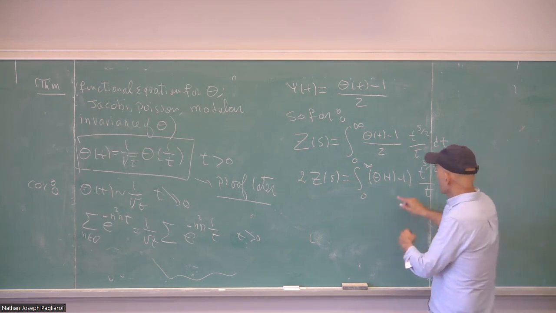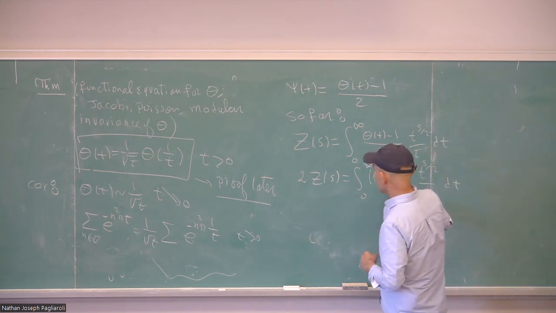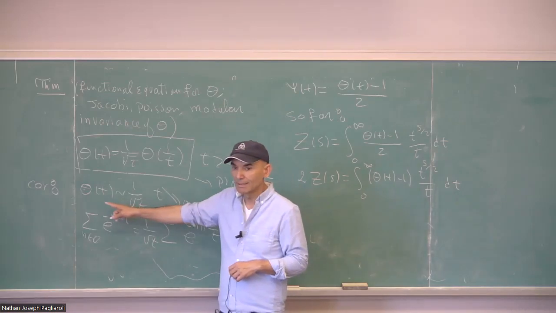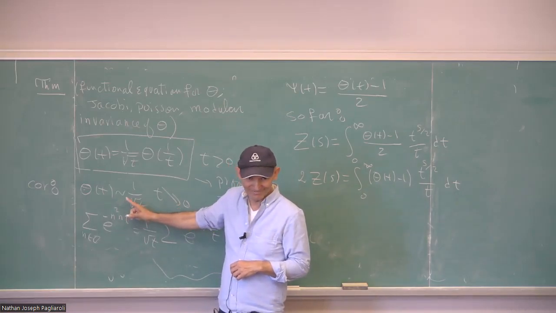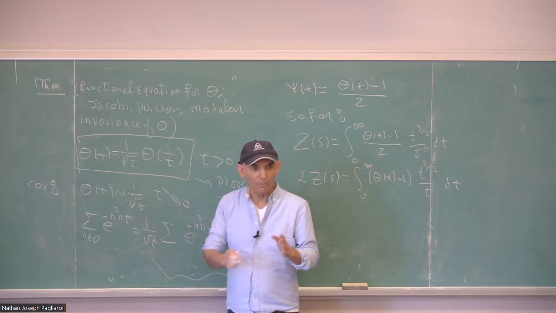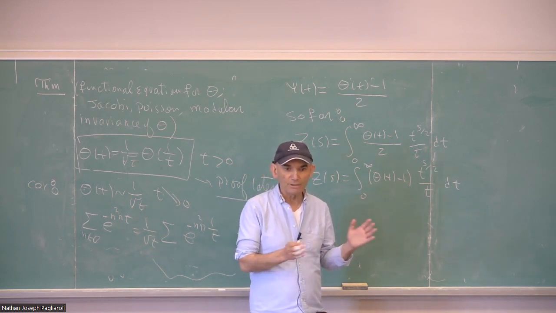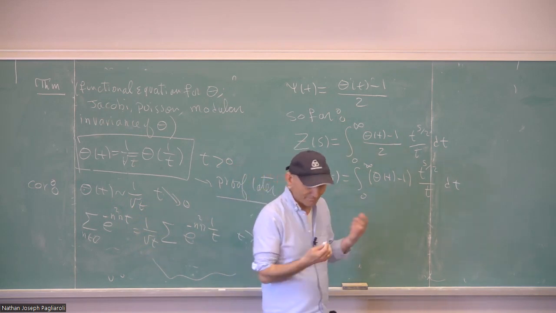Now, what we are going to do, we are going to write this using this relation, the modular property of theta. So I'm going to break the integral into two pieces, from 0 to 1 and from 1 to infinity.